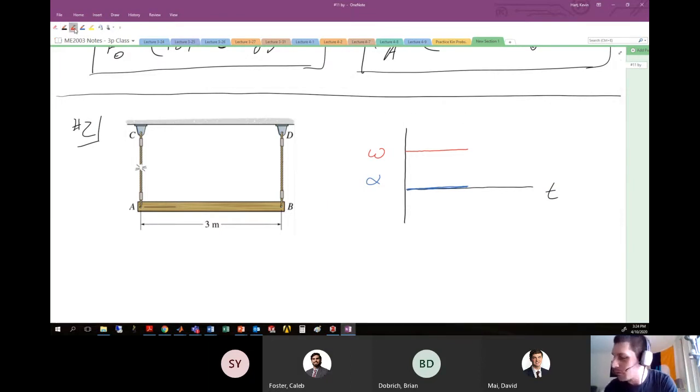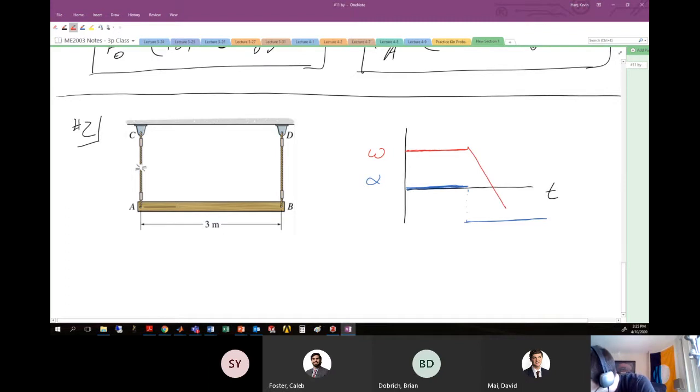If we have some angular velocity that is constant, which I've drawn here, that means my angular acceleration is zero. Here's my angular acceleration, equal to zero. However, now if I start decelerating this with some constant angular deceleration, which is down here now, then the angular velocity of my piece will begin slowing down, at a constant rate.